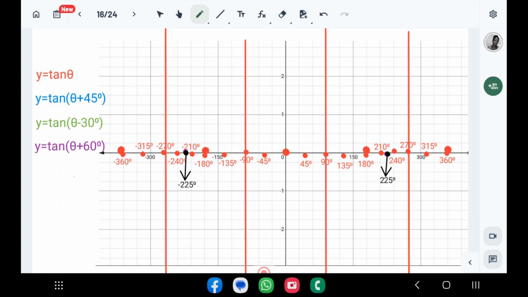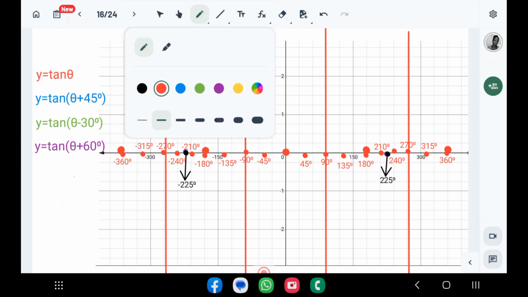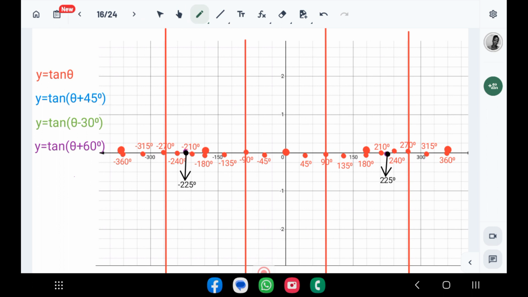Now that we're done with the x-intercepts, the graph is a standard one, no funny business here with the A. So now let's draw the graphs. Starting from the x-intercept, that's how you draw the graph. On the next branch, this is how you draw the graph.